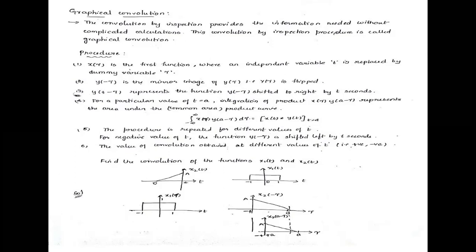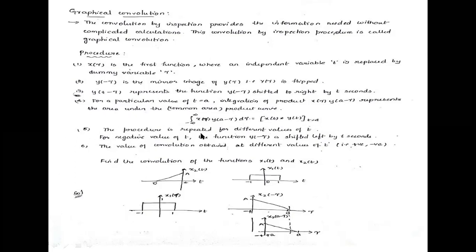For a particular value of t equal to a, the integration of the product x of tau and y of a minus tau represents the area under the product curve. After finding the shifted values of y of t minus tau and x of tau, sum all the terms.